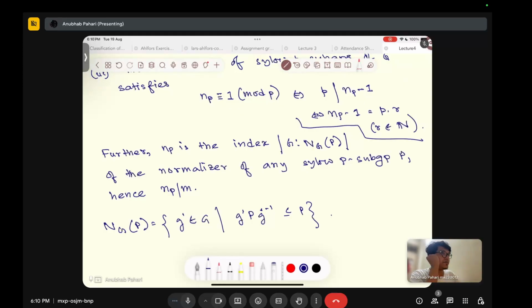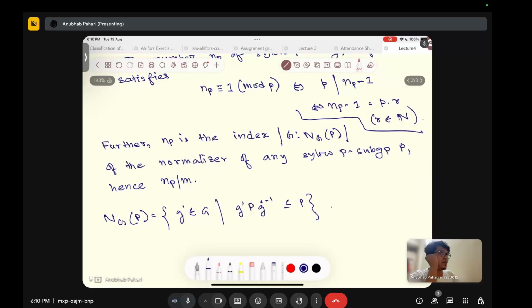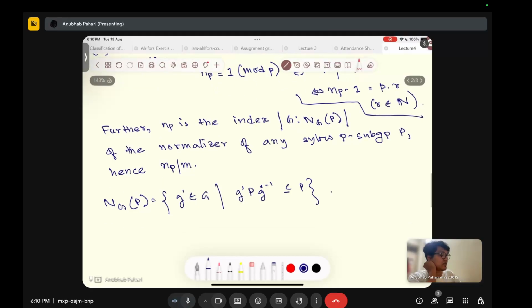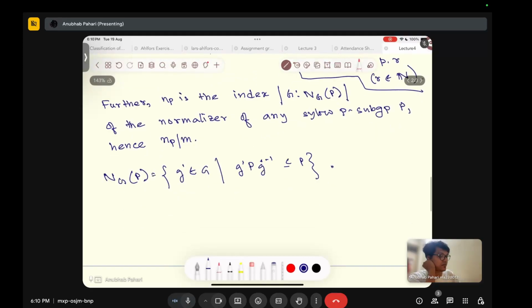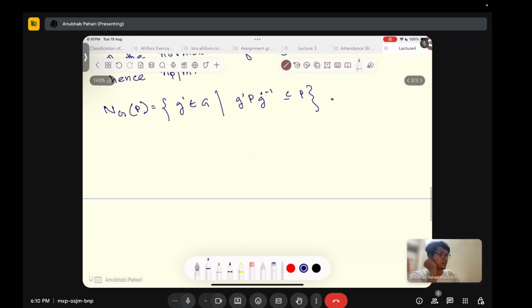Okay, so let's start with our first theorem. First question, question 1.